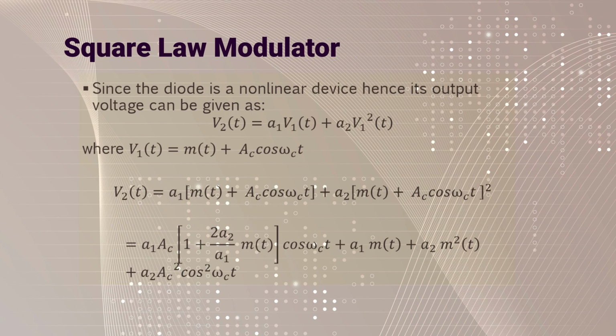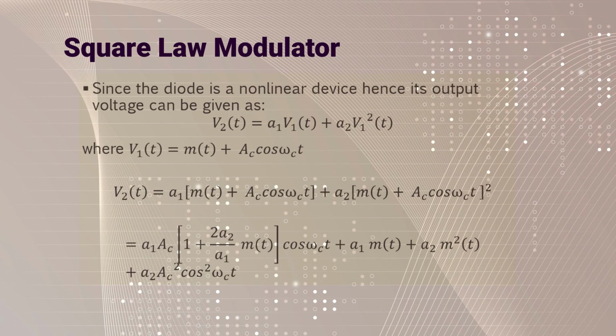Now substitute the value of v1(t) in the above equation, then v2(t) becomes a1 multiplied by m(t) plus Ac cos omega c t, plus a2 multiplied by m(t) plus Ac cos omega c t whole square. Then the above equation becomes a1 Ac cos omega c t whole multiplied by 1 plus 2 a2 upon a1 m(t), plus a1 m(t) plus a2 m square (t) plus a2 Ac square cos square omega c t.